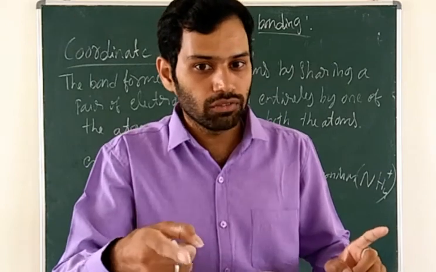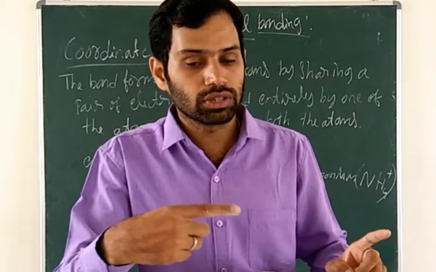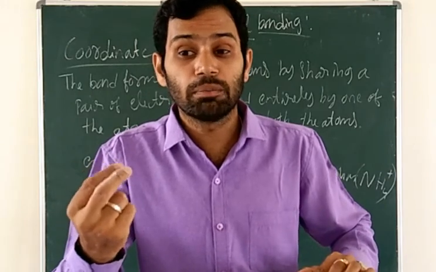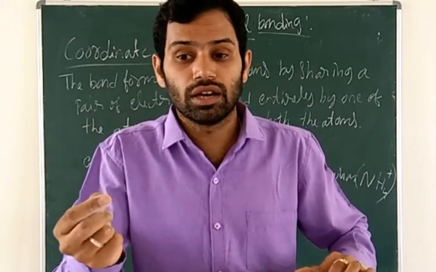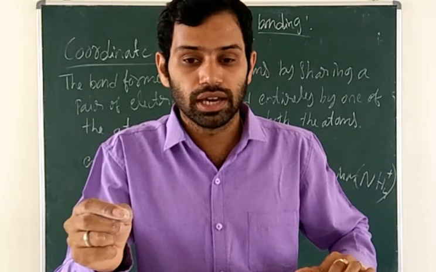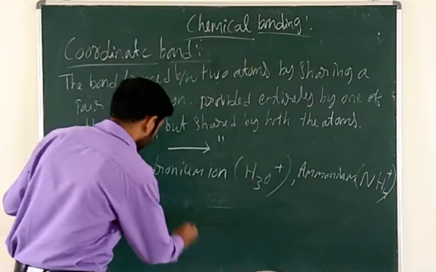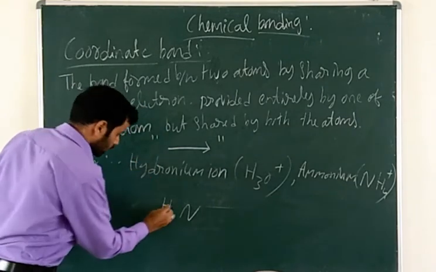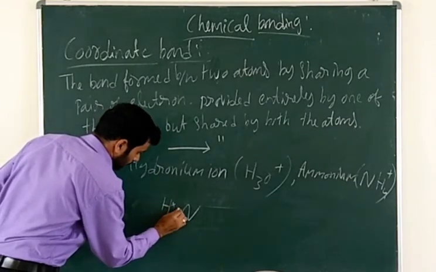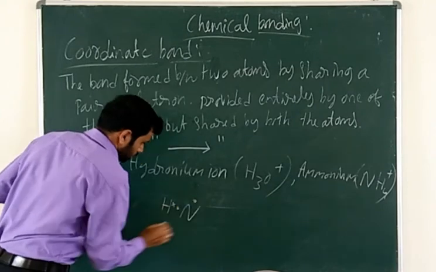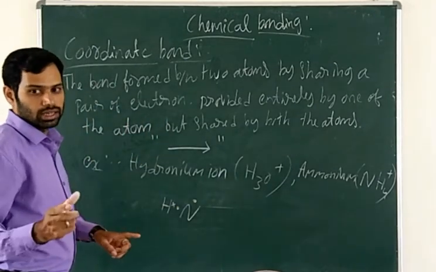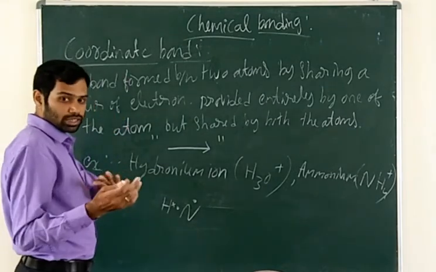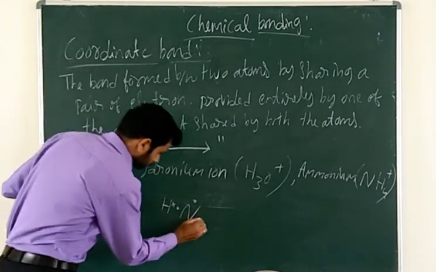While writing the structure of ammonia NH3, I told that one lone pair of electrons is there. So this is the structure of ammonia. Hydrogen gives one electron, and nitrogen one electron. In nitrogen there are 5 electrons in its outermost shell, so only 3 electrons are going to be shared with the hydrogen.